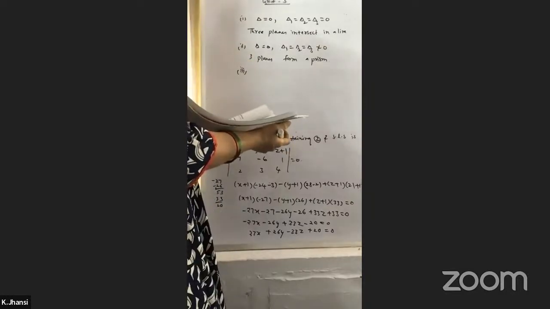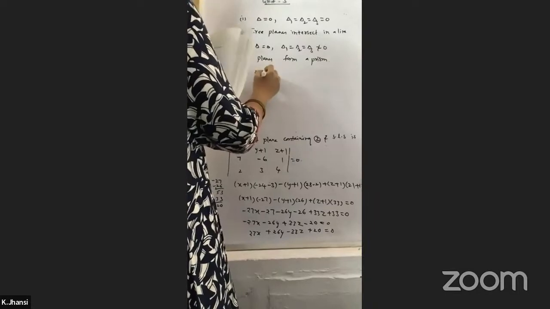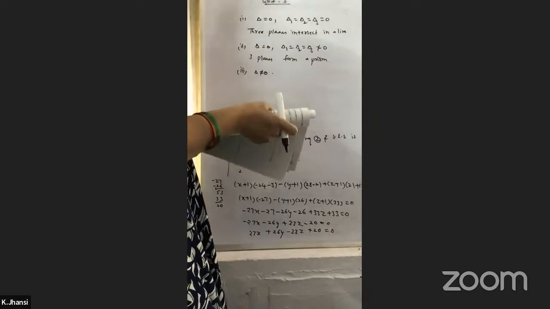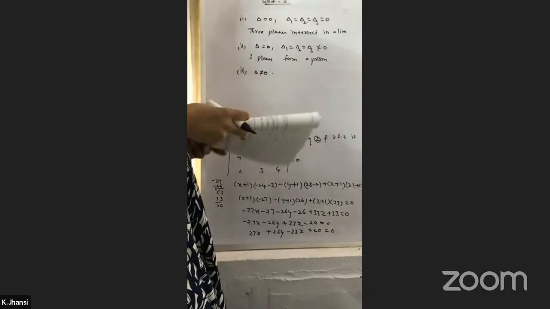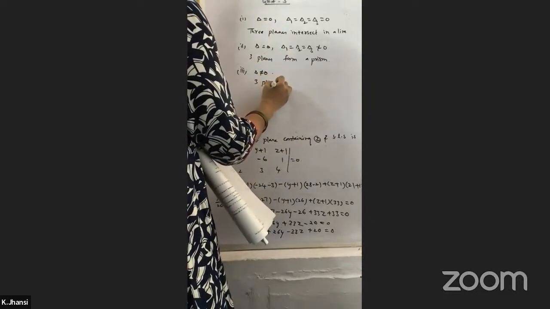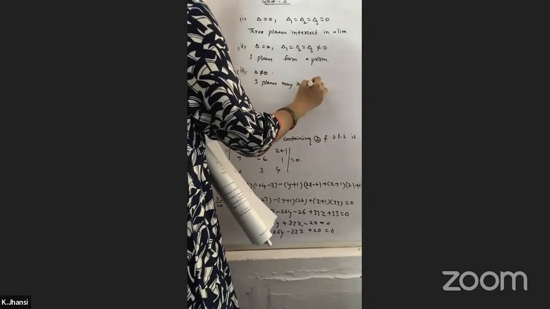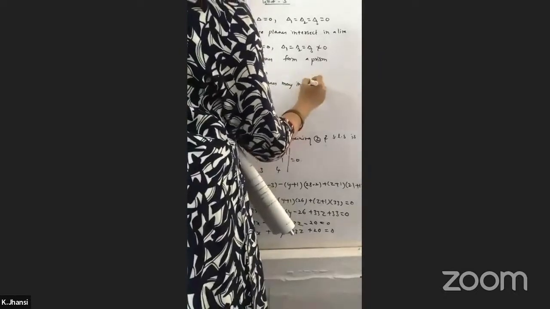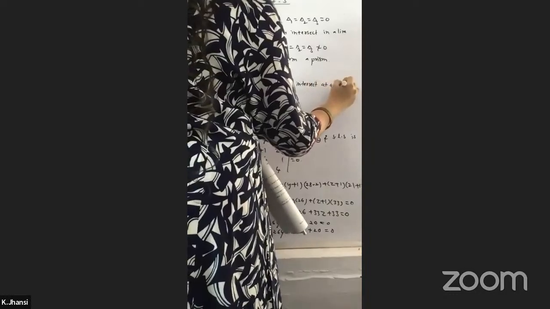And the third one is if only the delta value is not equal to 0, then the 3 planes may intersect at a unique point.